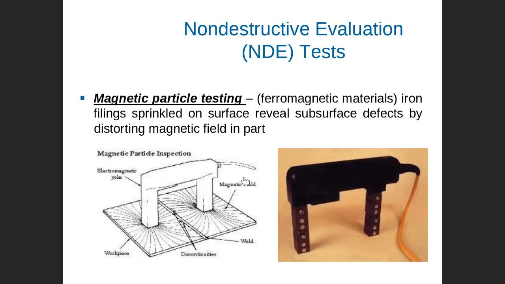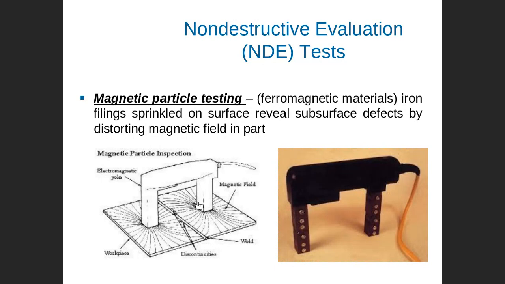Magnetic particle testing: this part is magnetic, and you apply a magnetic field. You apply electricity, then a magnetic field is applied here. And you put here a ferromagnetic material powder, for example iron powder, and then apply the magnetic field.